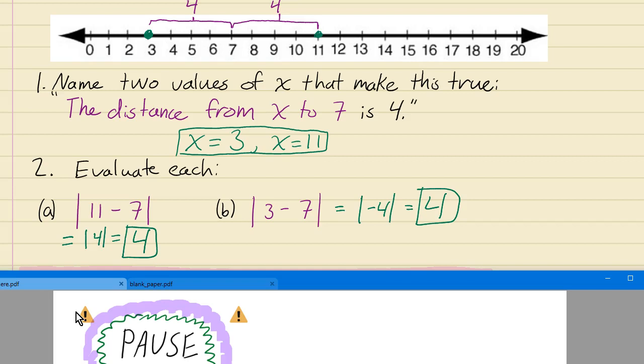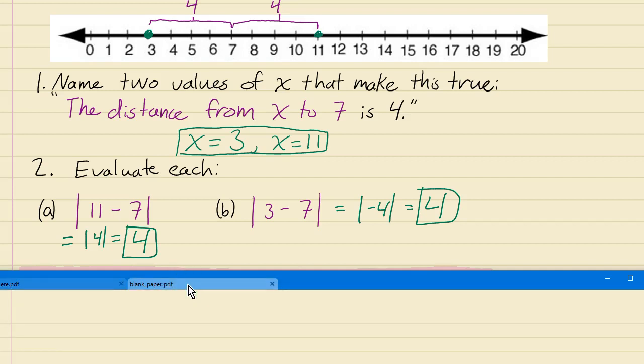Both of these give you 4. And when you think of subtraction, like what does 11 minus 7 mean? When you first learned about how to subtract in elementary school, you probably thought about it as like the difference between two numbers. How far apart are they? But the problem is that sometimes it becomes negative.